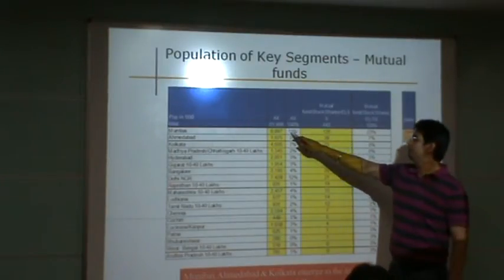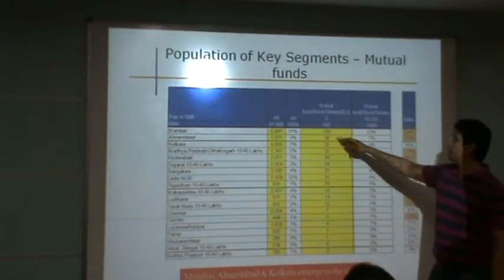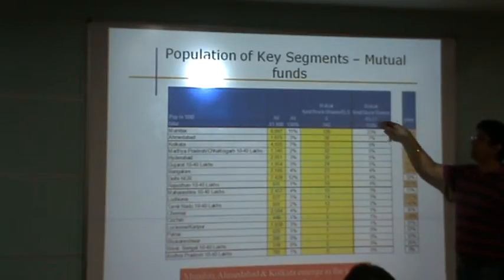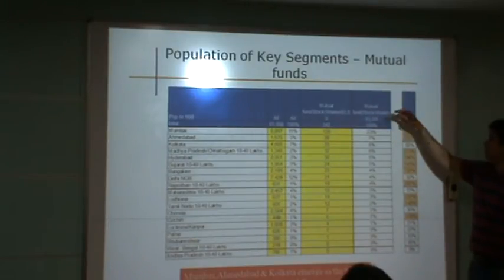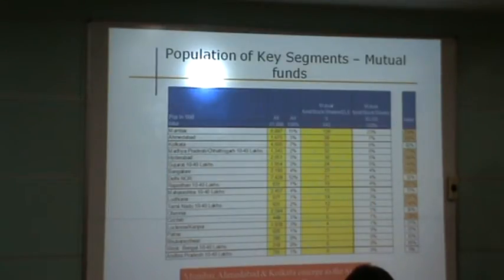This is the percentage of people who know about mutual funds in the total population. These are the percentage of people, of these, who are actually investing in this particular stock. I forgot to mention the name, so this is whatever X stock.